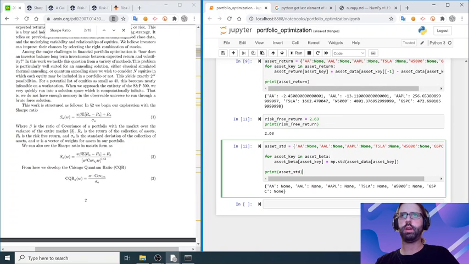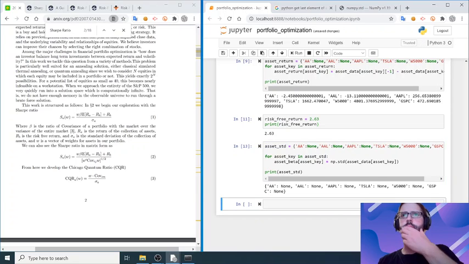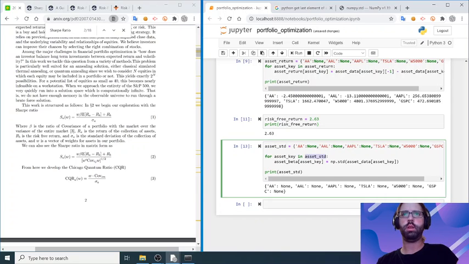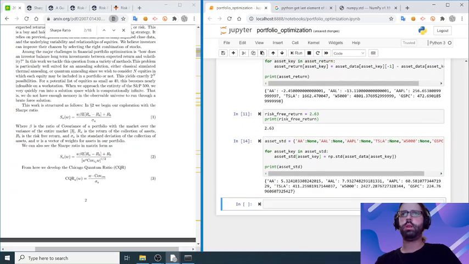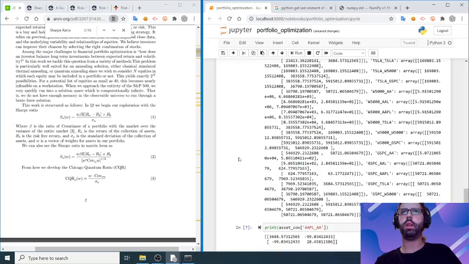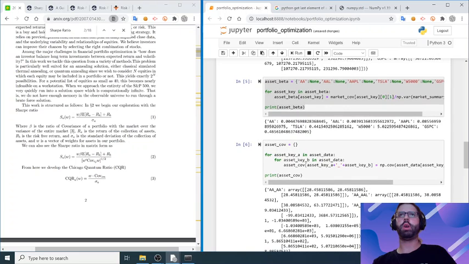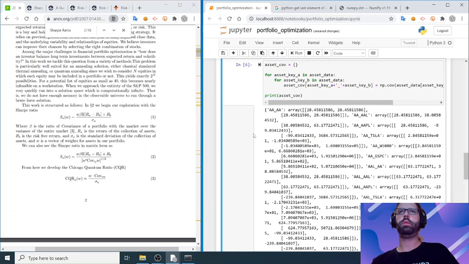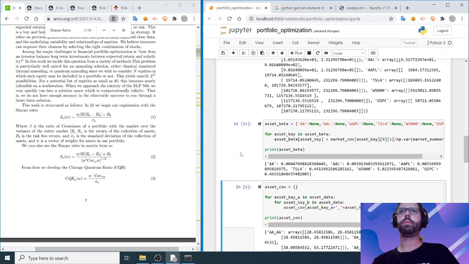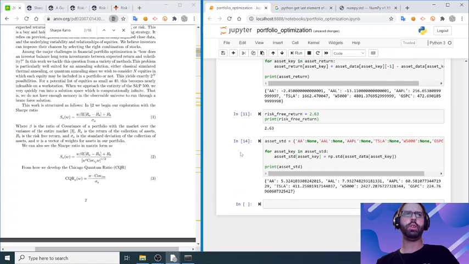What have we done? Asset key and asset beta. Sorry, I just probably killed asset beta. That's what happens when you copy paste code. There you go. So we've got the standard deviations.